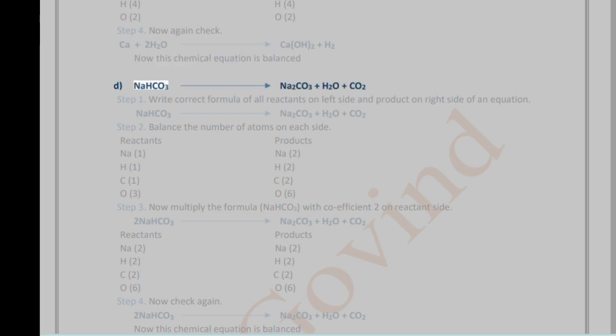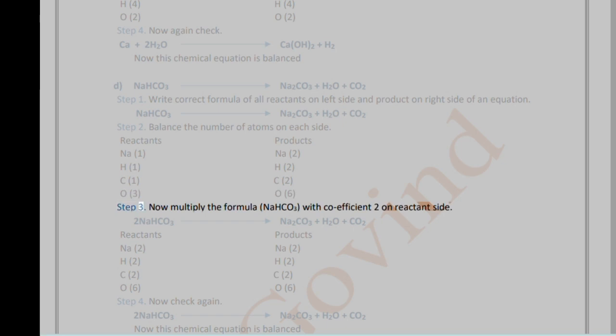D. NaHCO3 → Na2CO3 + H2O + CO2. Step 1. Write the correct formula of all reactants on the left side and products on the right side of an equation. NaHCO3 → Na2CO3 + H2O + CO2. Step 2. Balance the number of atoms on each side. Reactants, products: Na1, Na2, H1, H2, C1, C2, O3, O6.